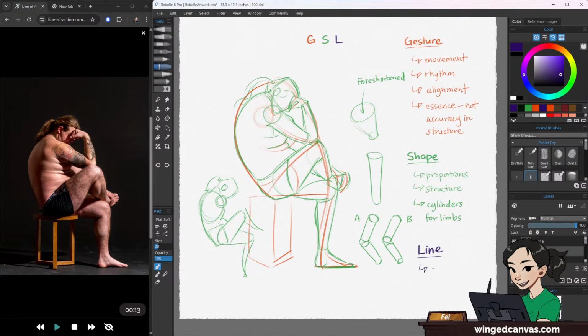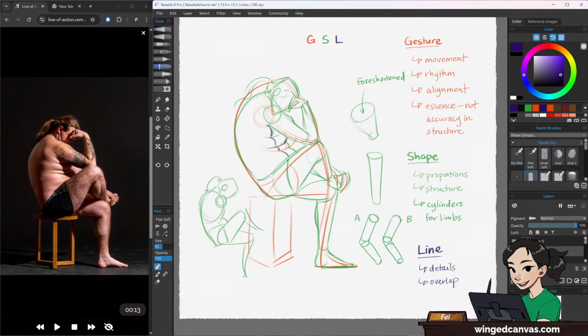Now line is where you can just draw the details, and you want to make sure that you don't have to draw every line, right? You want to draw lines that indicate overlap, and you can have a lot more fun because you've already figured it out. You've already done the hard work.